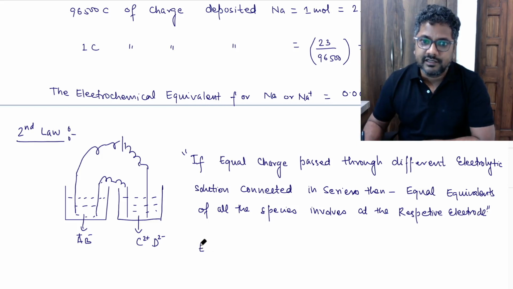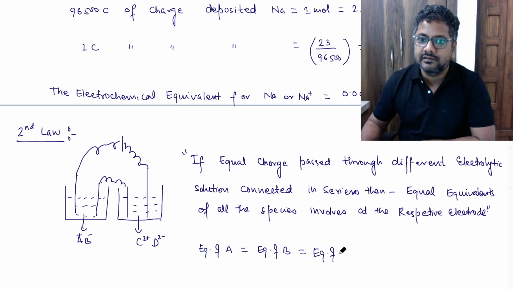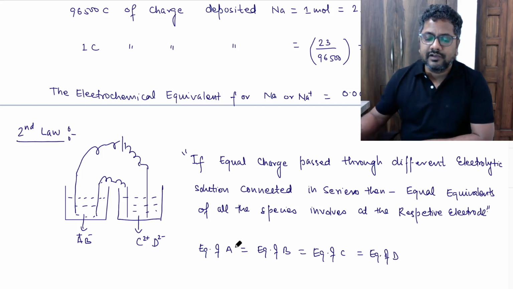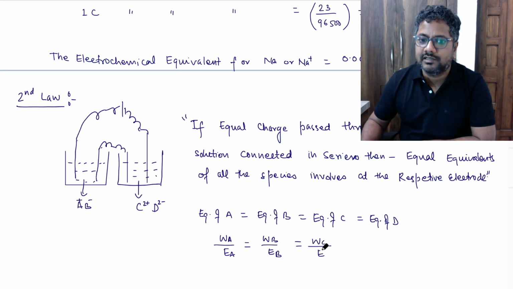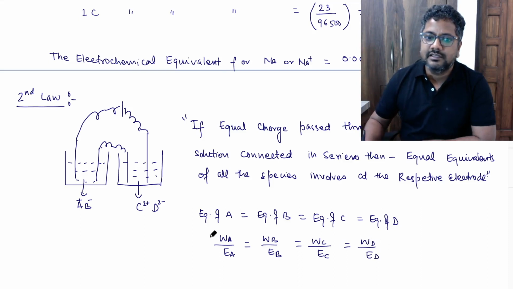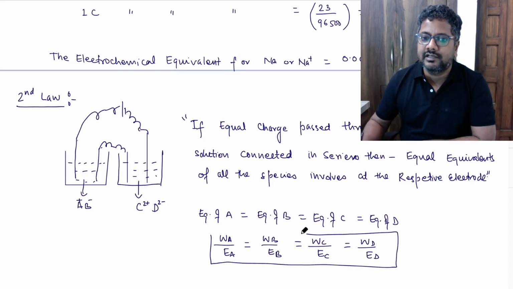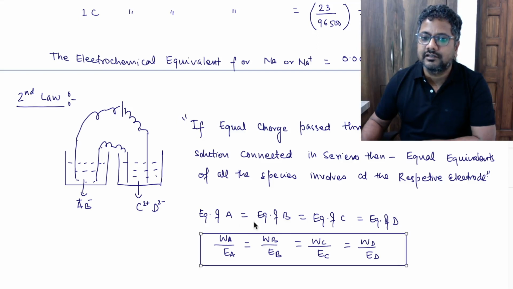So you can write here equivalent of A is equal to equivalent of B is equal to equivalent of C is equal to equivalent of D. And equivalent of A is equal to mass of A by equivalent mass of A, equal to mass of B by equivalent mass of B, equal to mass of C by equivalent mass of C, and equal to mass of D by equivalent mass of D. See, this is independent of their valency, their charge, etc. Right?